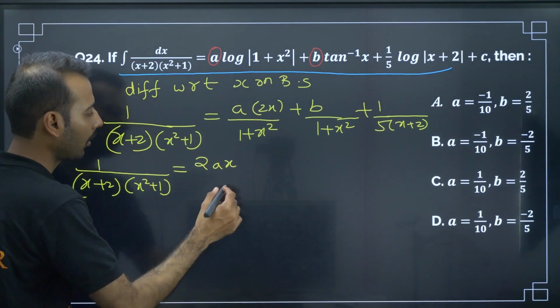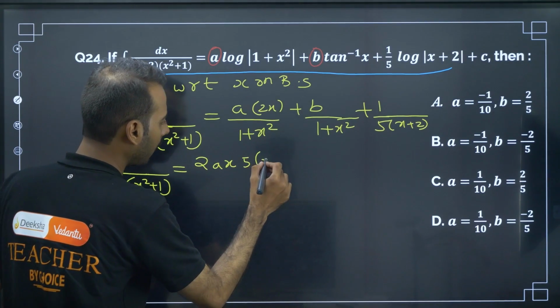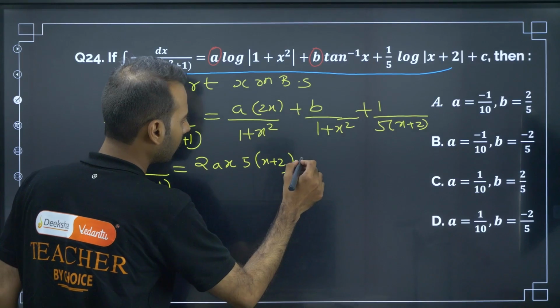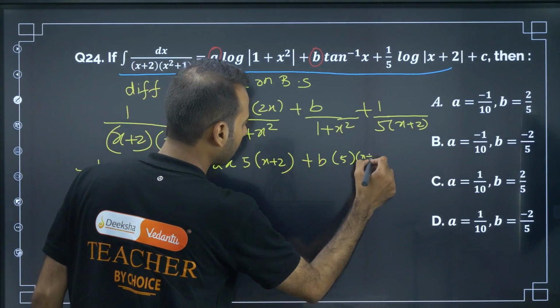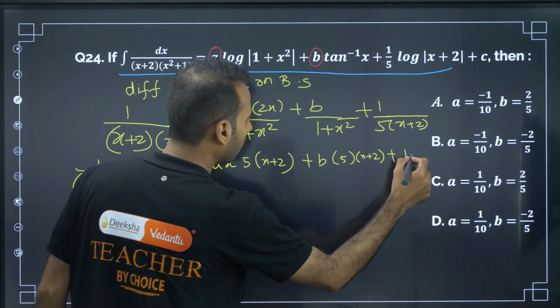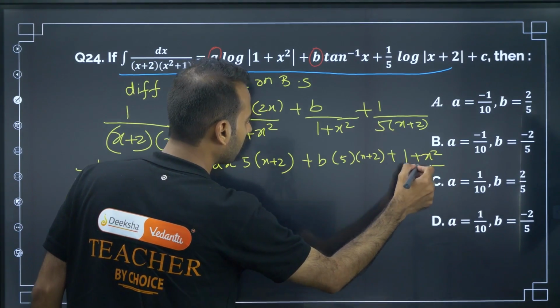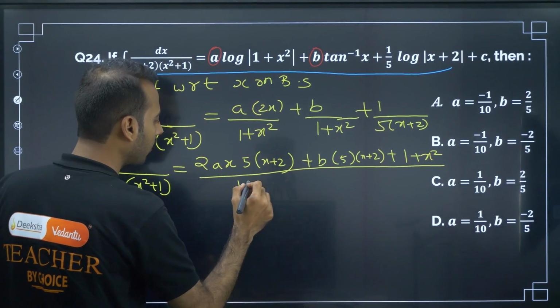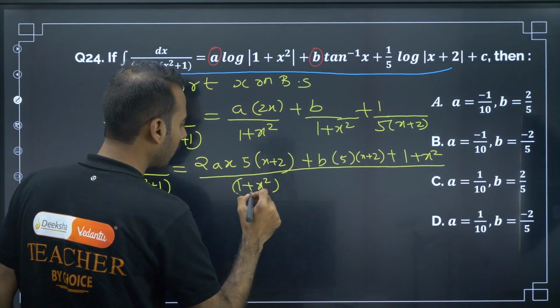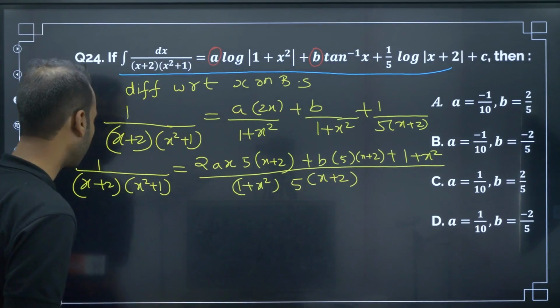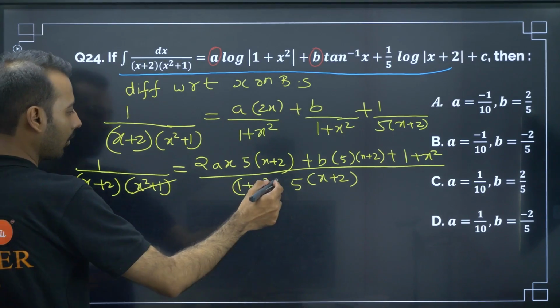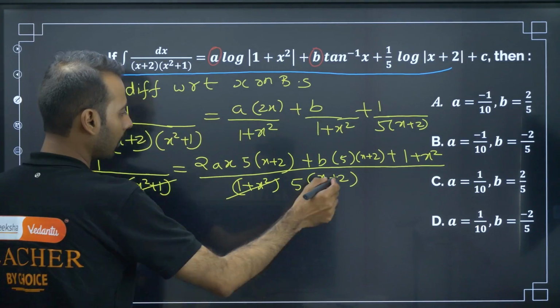For this we have to multiply with 5x plus 2, b into 5x plus 2. For this we have to multiply with 1 plus x square, divided by 1 plus x square into 5 into x plus 2 after taking LCM. 1 plus x square and x plus 2 cancelled.